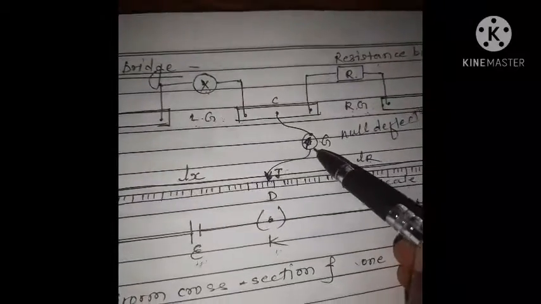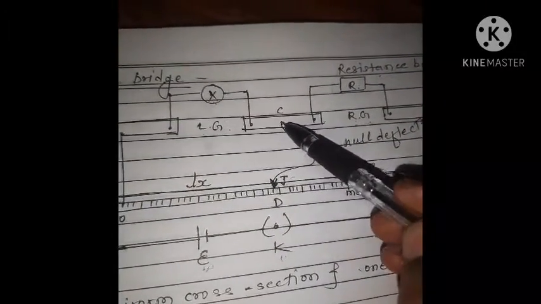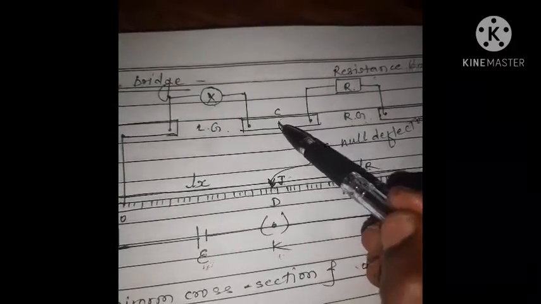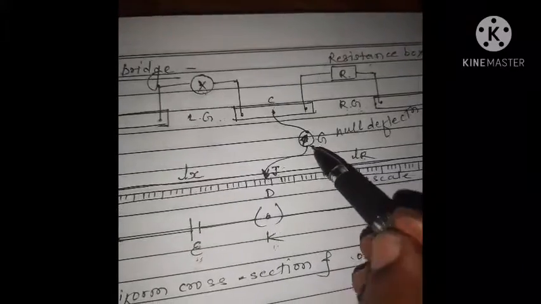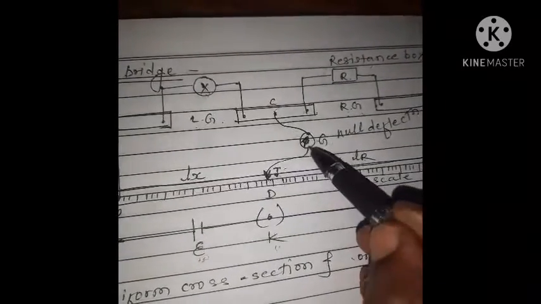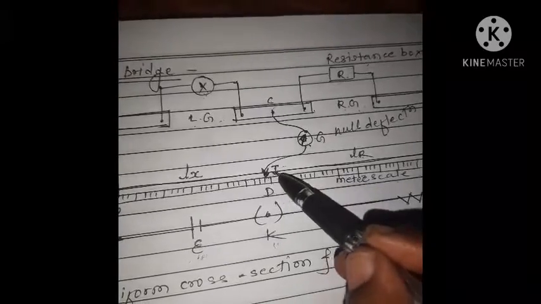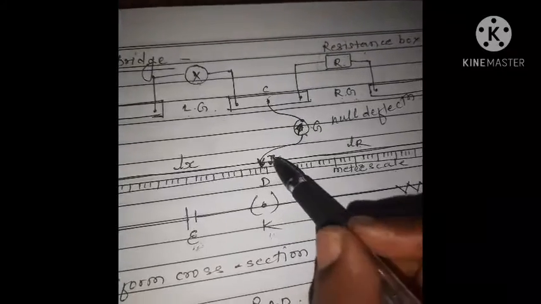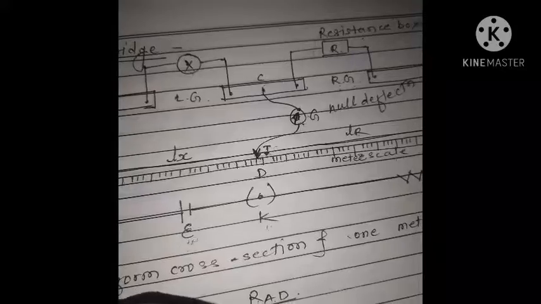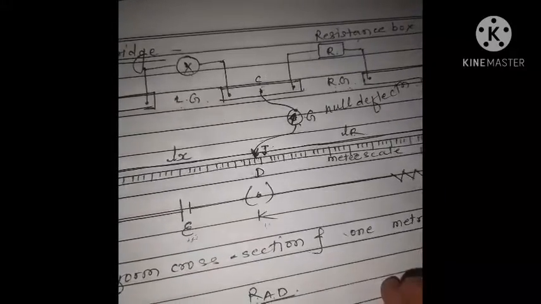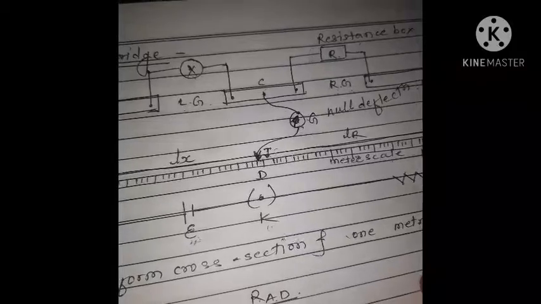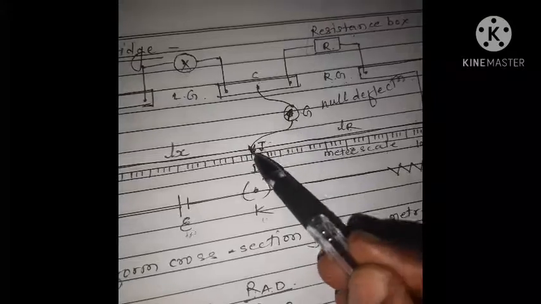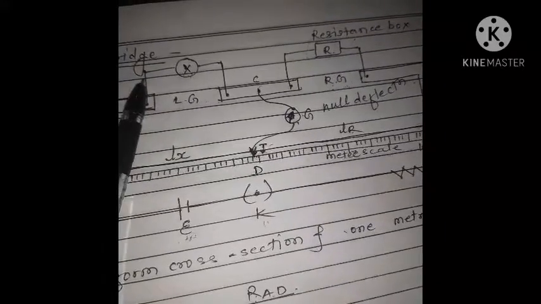A galvanometer is connected to the middle strip at point C, and to the other terminal of the galvanometer one jockey is connected, by which we can make a connection with wire AB, or by which we can find out a balancing length for this meter bridge.